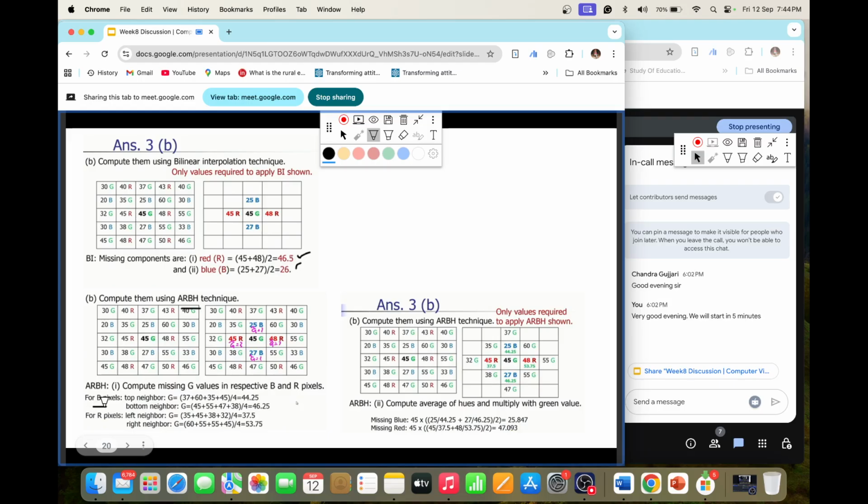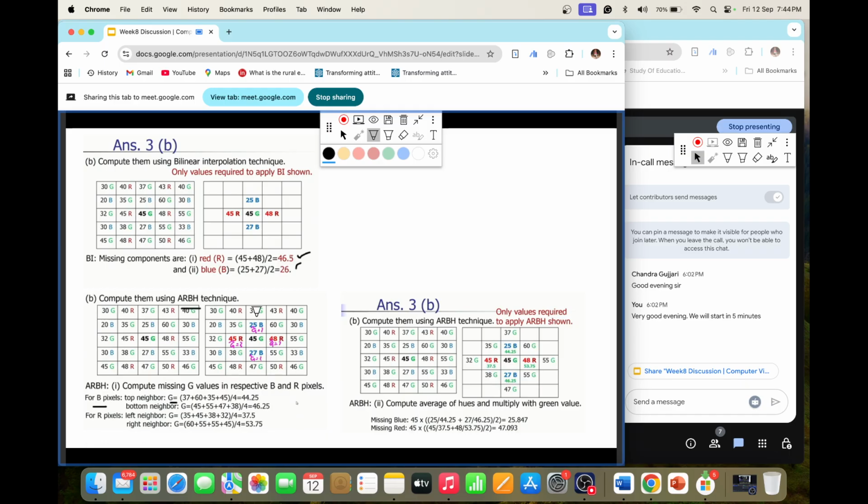First, for the blue pixel, you have to focus on the top neighbor, that is this pixel and this pixel. How can you calculate this pixel? Here we are talking about this green pixel, that is 37, 60, 35, 37, 60, 35, 35 and 45.